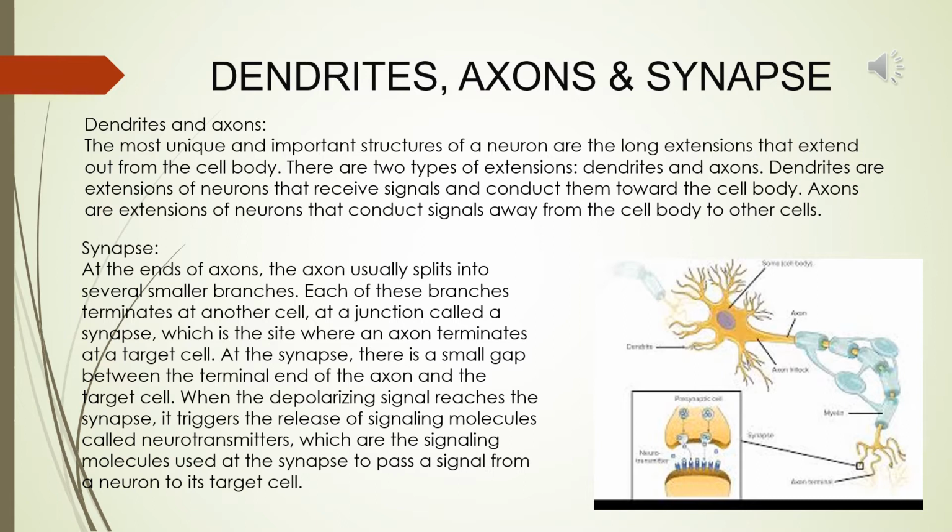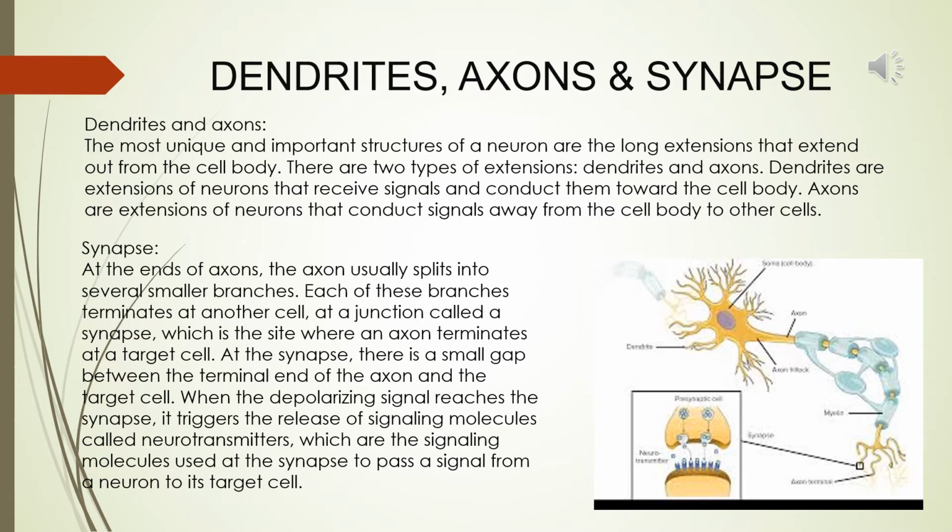At last, you can see in the index also, separately in the diagram it has been shown. So each of these branches terminates at another cell at a junction called a synapse, which is the site where an axon terminates at a target cell. At the synapse, there is a small gap between the terminal end of the axon and the target cell.